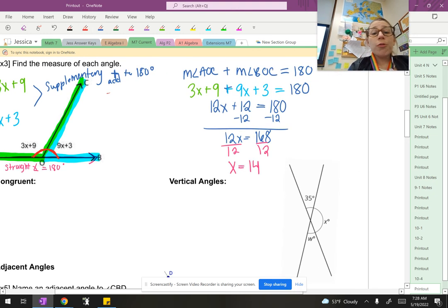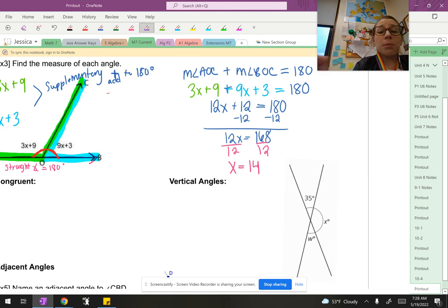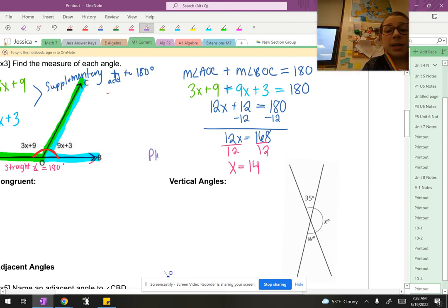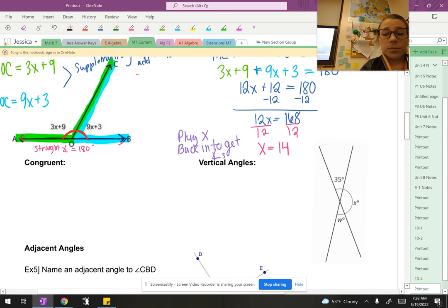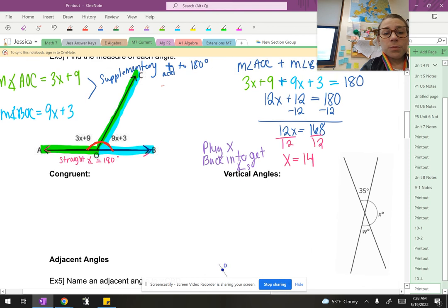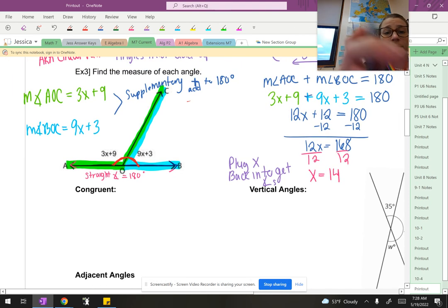So don't forget, you need to go back and plug x in. Plug x back in to get angles. So coming back over to my diagram where I have this all set up, I've got 9x plus 3 for this blue one.